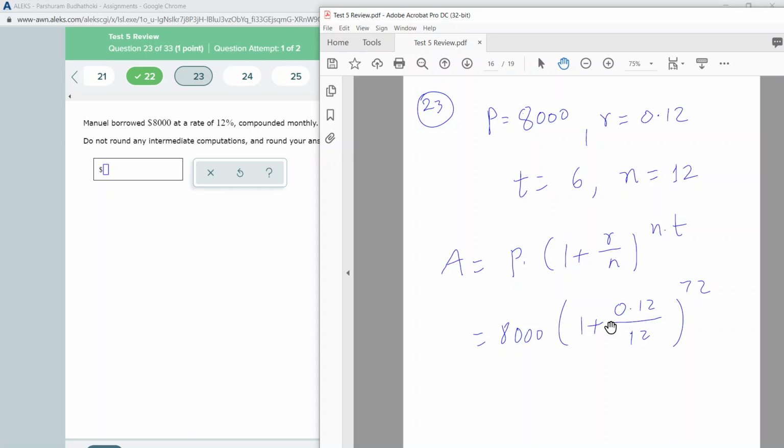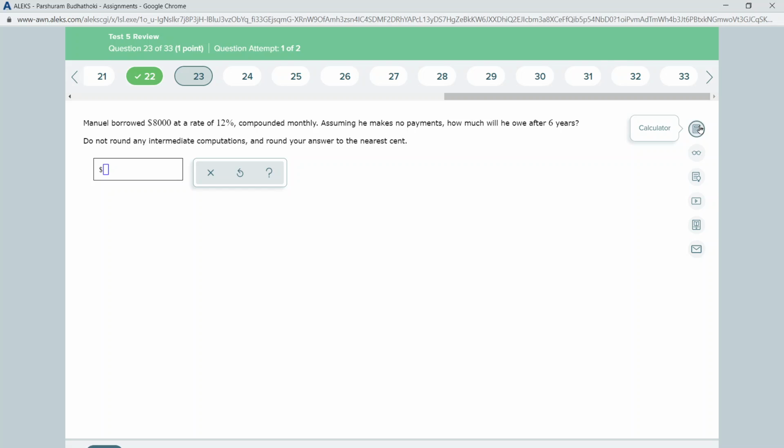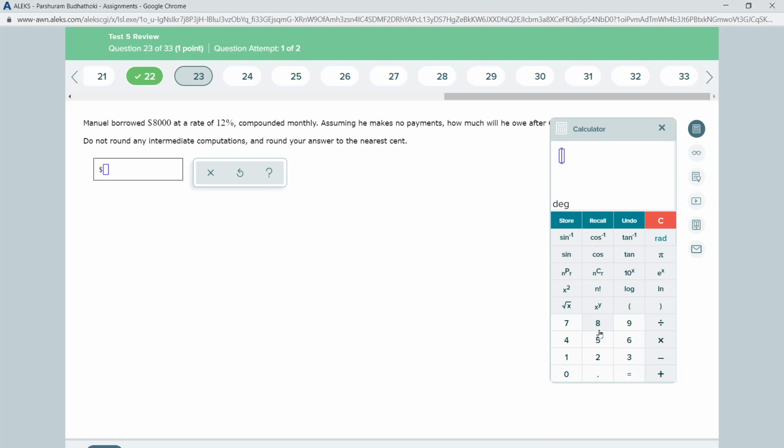So just type this number using the calculator here. 8,000, parentheses, 1 plus 0.12 divided by 12, parentheses close, and then the power of that is 72, and that's our answer, which is 16,376.79, to the nearest cent.